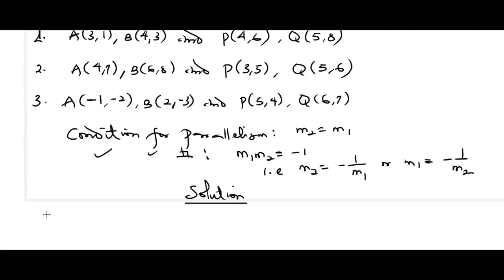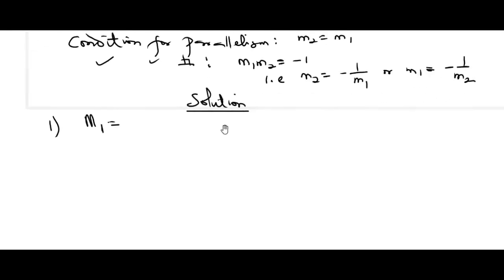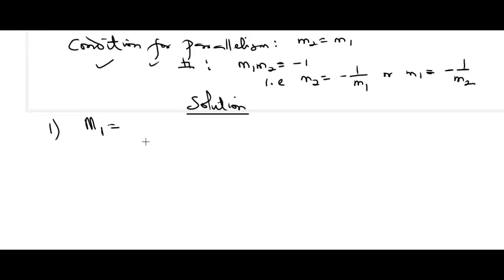Alright, so the first one, we need to find the slope of AB. Let's call it M1. And how do we find slope? In the previous class, I already said that to find slope, we have y2 minus y1 over x2 minus x1.